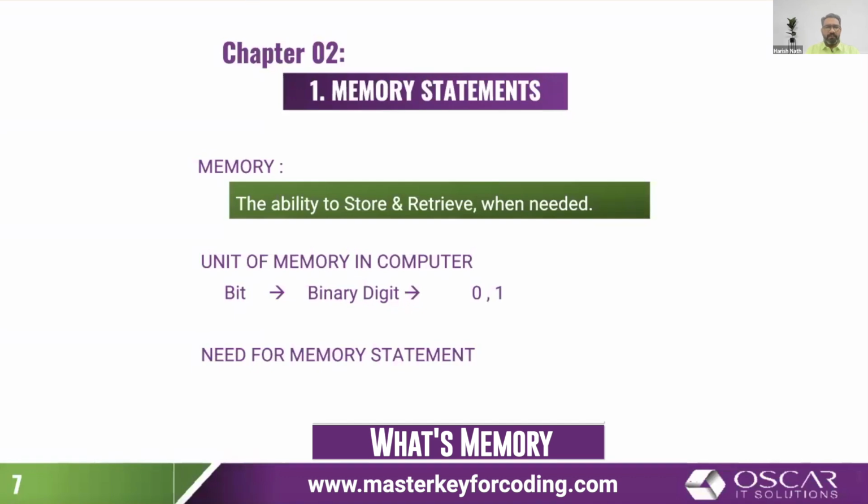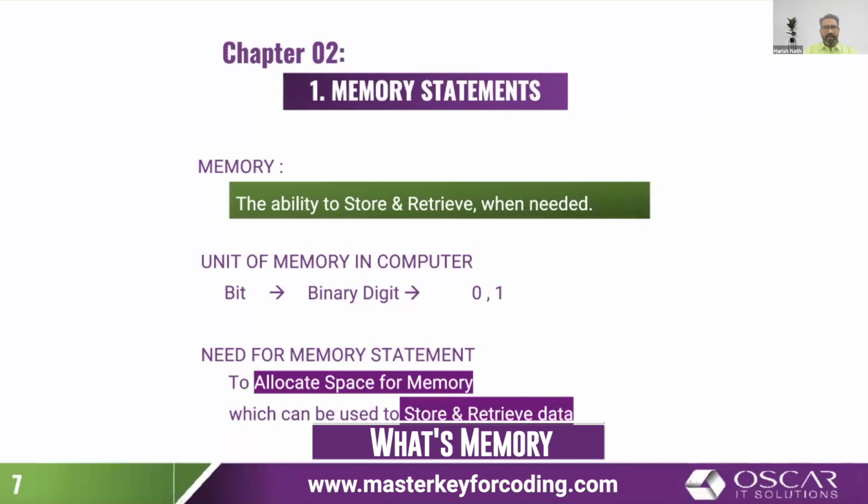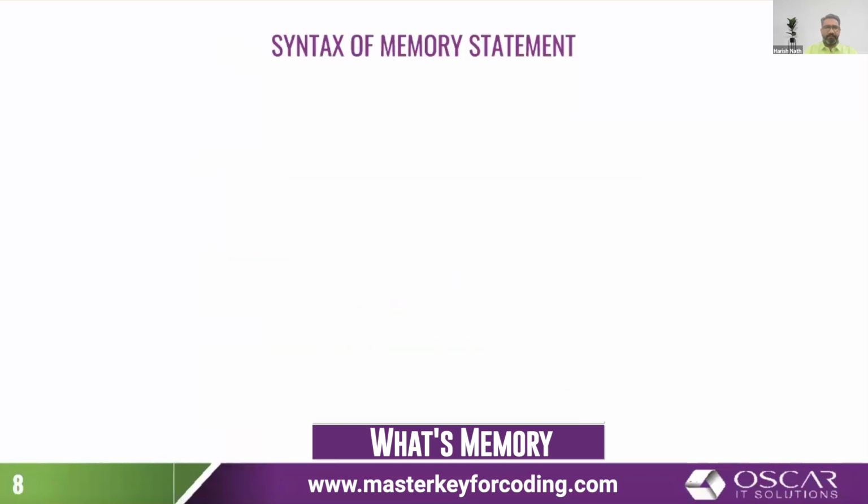So to request for that memory space, we go with a memory statement. So, to allocate space for memory. Whenever we write a memory statement, the system's job is to allocate space for memory, which can be used to store and retrieve data.